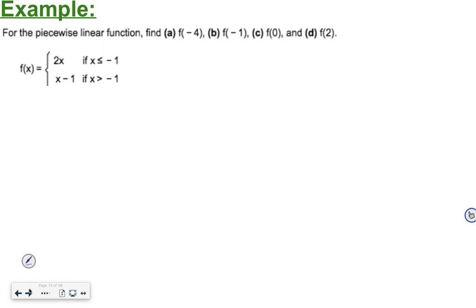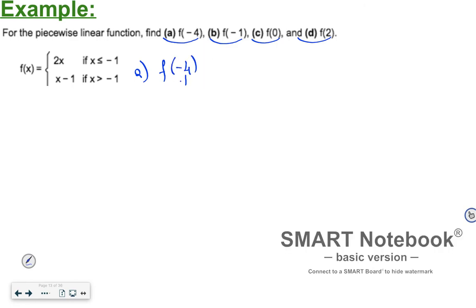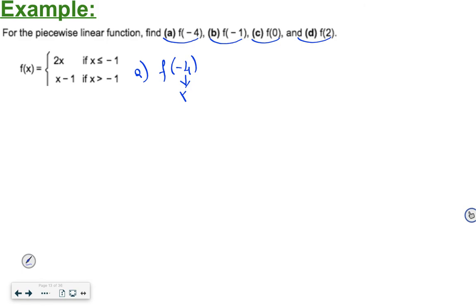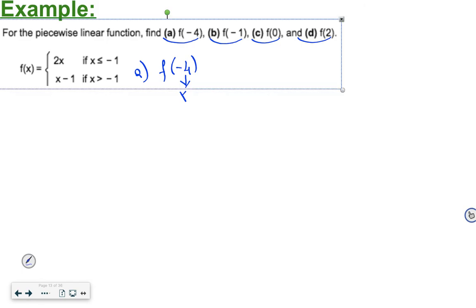All right, ladies and gentlemen, this is another type of question. It says to find the value of these functions. For example, f of -4. Your input is -4. First of all, is this x value located in the first interval or the second interval?